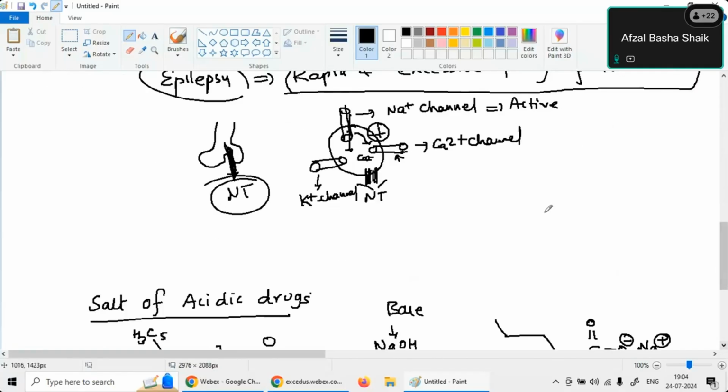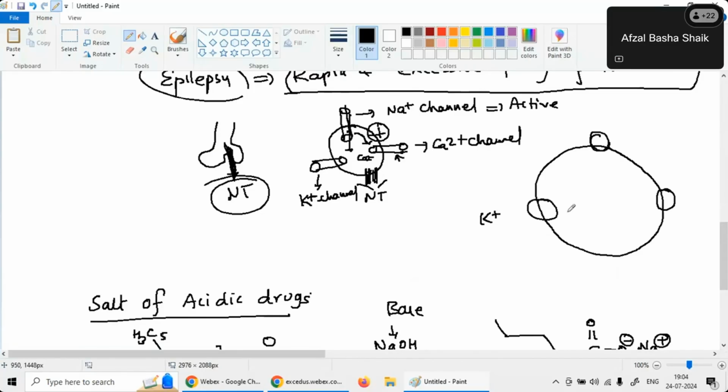I think I need to draw a bigger one. I'll write this. This is your potassium channel. This is your sodium channel. And this is your calcium channel. Whenever the sodium channel is active, what happens? There is increase in the intracellular sodium levels.